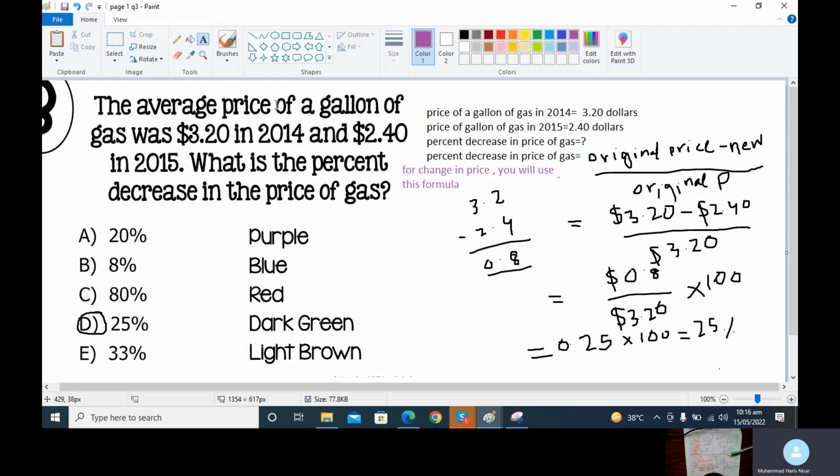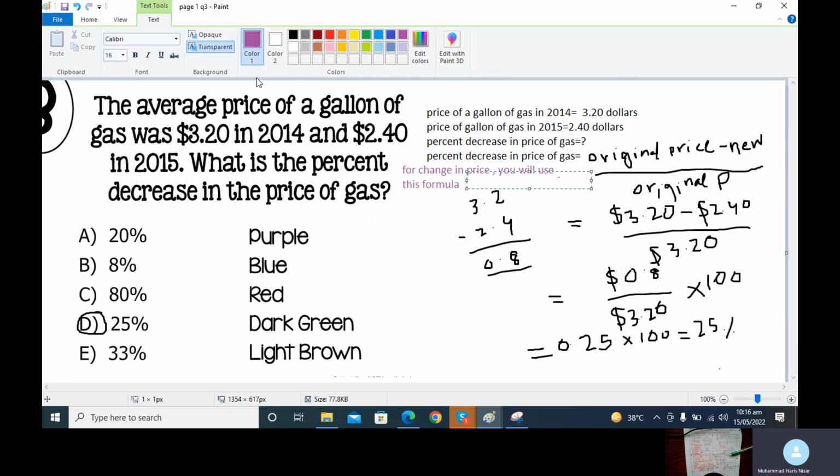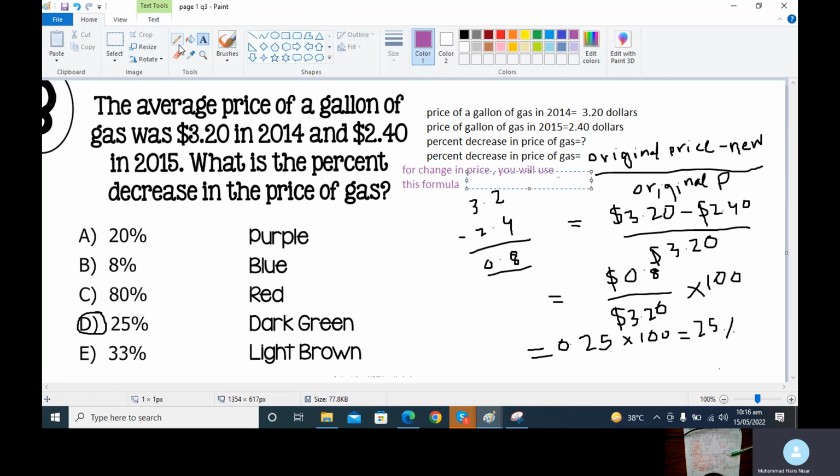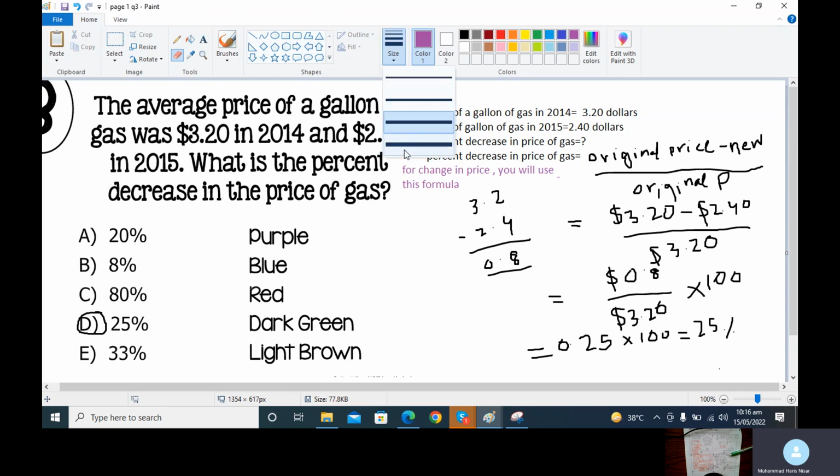Let me erase it so that we have space here.